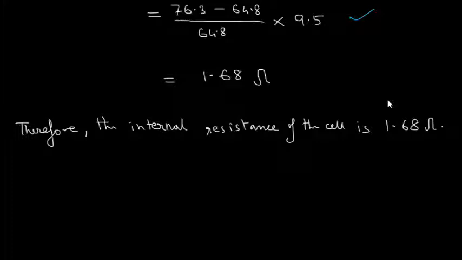On solving, we get the answer as 1.68. Therefore, the internal resistance of the cell is 1.68 ohm. And this is the end of the solution for chapter 3, Current Electricity.